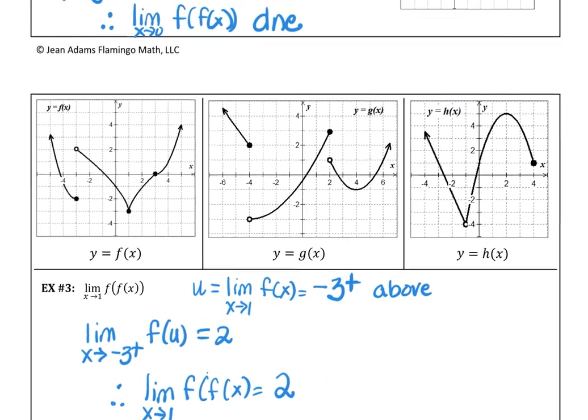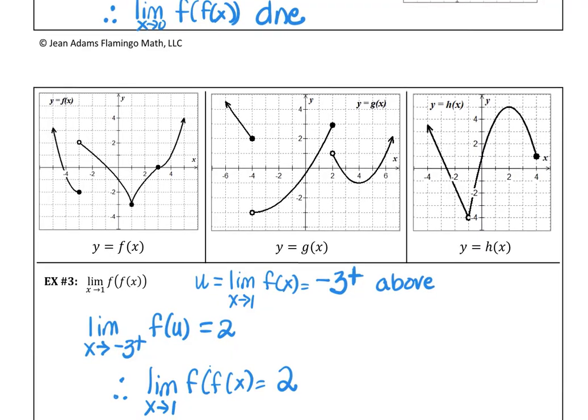So the graph of h, as we approach 3 from the left, the y value is approaching 4. And as we approach 1 from the left, the y value is approaching 4.